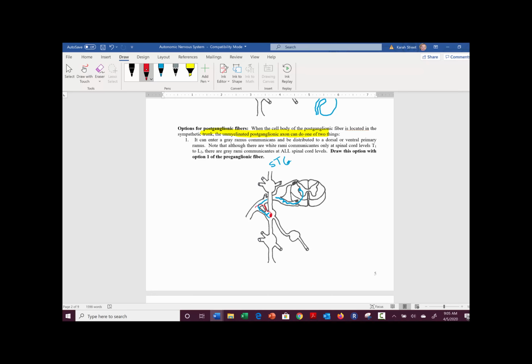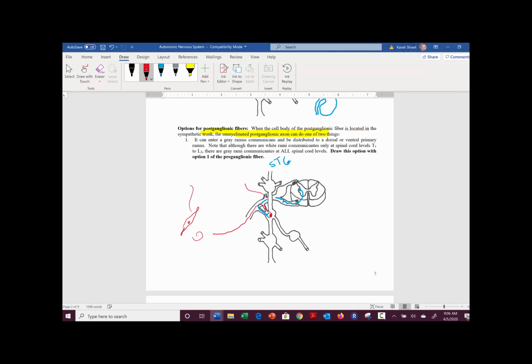And it could re-enter an anterior primary ramus, or it could have gone out the posterior. And it's going to target effectors in your skin, like the smooth muscle of your erector pili muscles, and those, remember, make your hairs stand up on end when you get goosebumps.